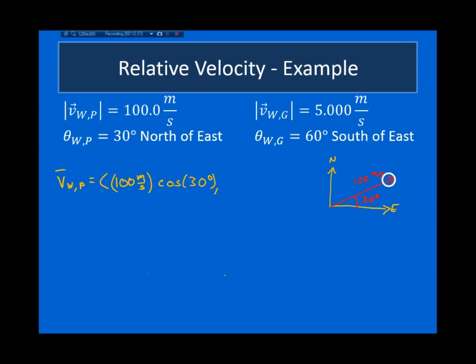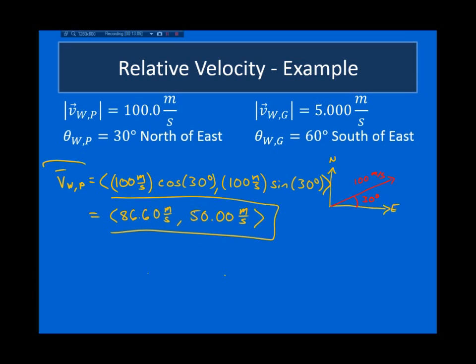The y component is in the north, so that's the positive direction. It's opposite the angle 30 degrees, so we use 100 meters per second times sine of 30 degrees. So if I plug these numbers into a calculator, I see that this is equal to 86.60 meters per second in the east direction and 50.00 meters per second in the north direction.